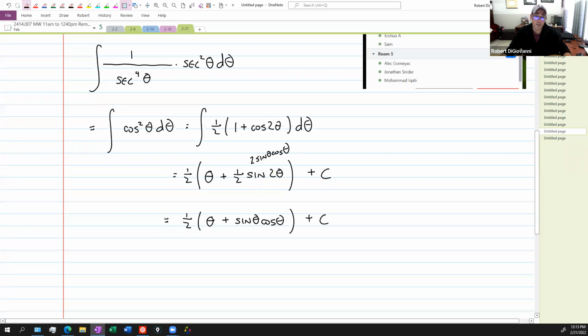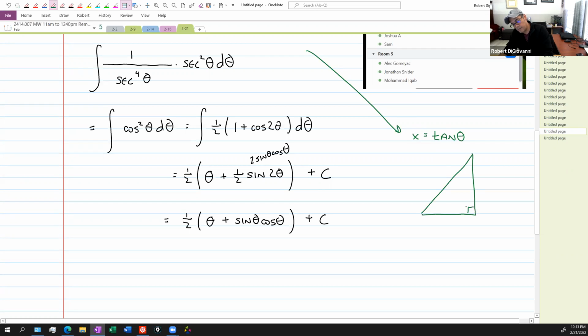And now I just need to know what theta is, sine theta and cosine theta. So I go back to my trig sub, which was up here. It was x was tan theta. I draw a reference triangle. x over 1, square root of x squared plus 1. And now I've got sine, cosine, and I can get theta from this, right?